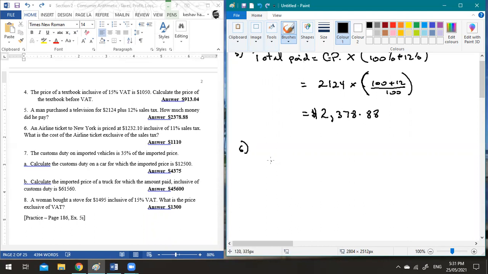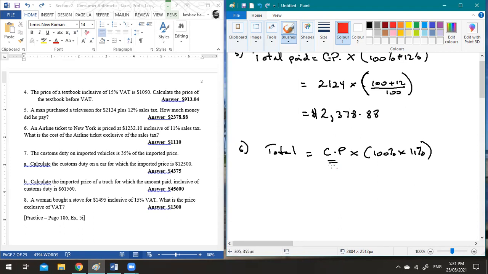Number 6 again is the same formula we're using. So the total paid equals the cost price multiplied by the 100% plus the tax amount, which was 11%. And we want to find the cost price.